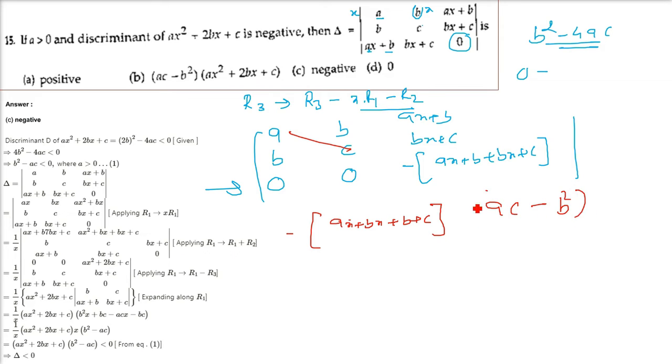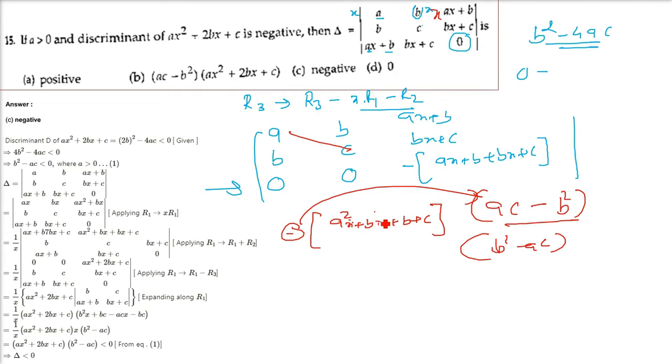I just told you b square minus ac is always less than 0. And since a is greater than 0, and we have a negative sign also, whatever happens, the result will always be negative. I hope you got the idea. This ac minus b square was there, we took the negative inside.